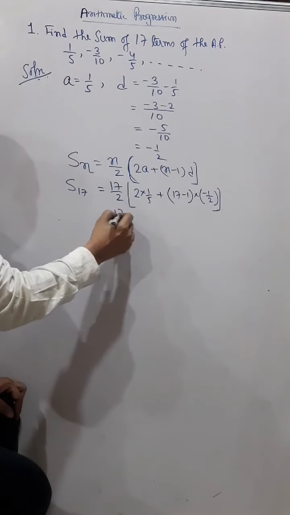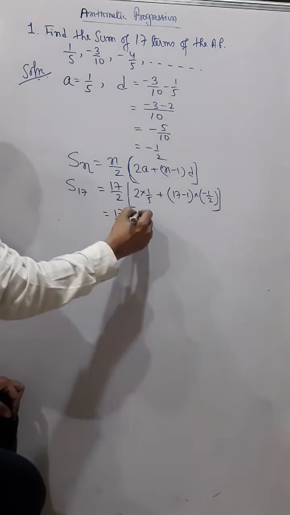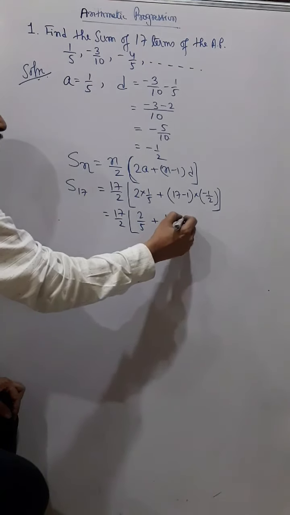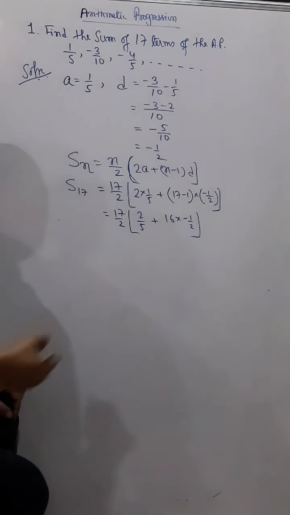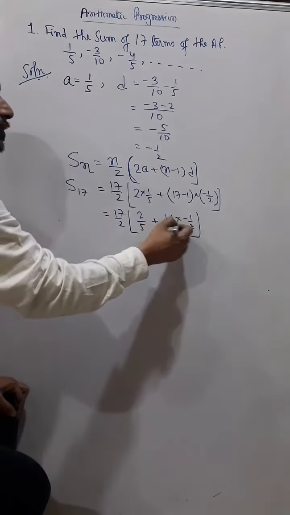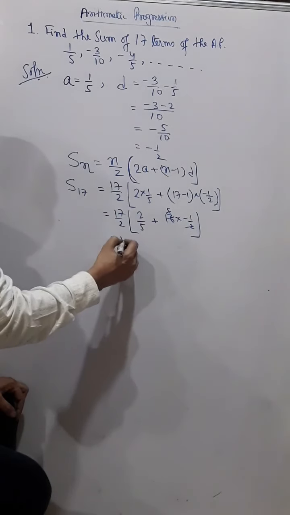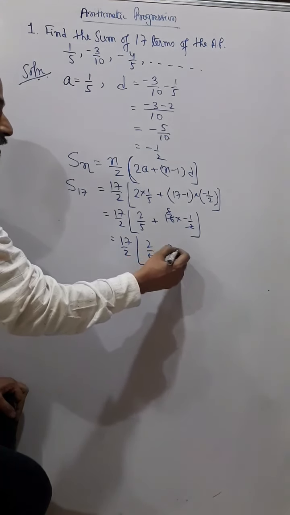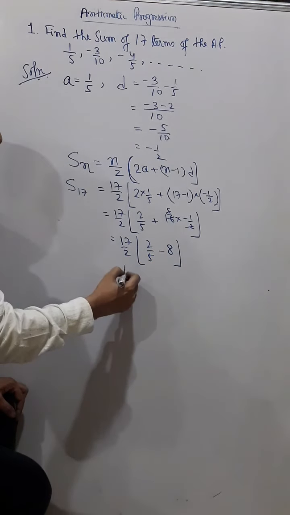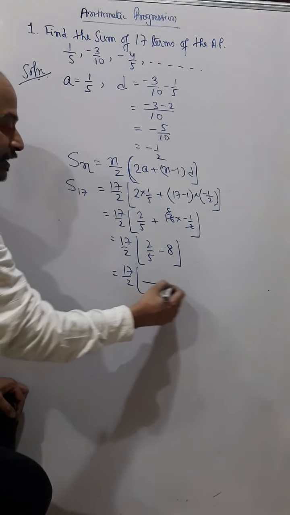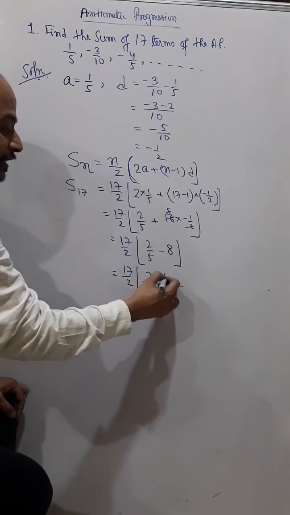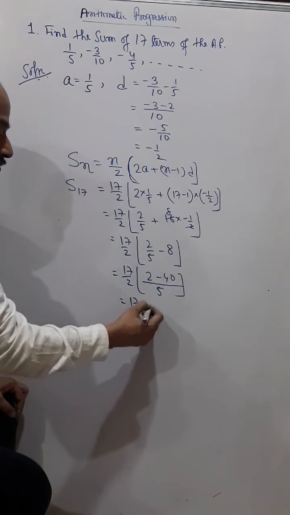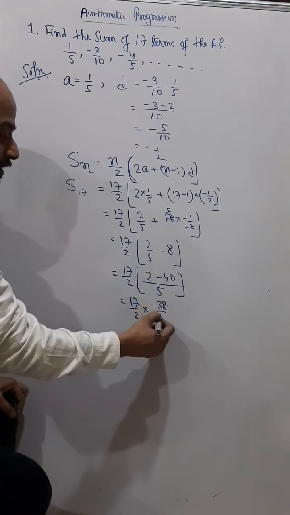So 17 by 2 into 2 by 5 plus 16 into minus half, which is 17 by 2 into 2 by 5 minus 8. Then taking LCM 5, we get 17 by 2 into minus 38 by 5.